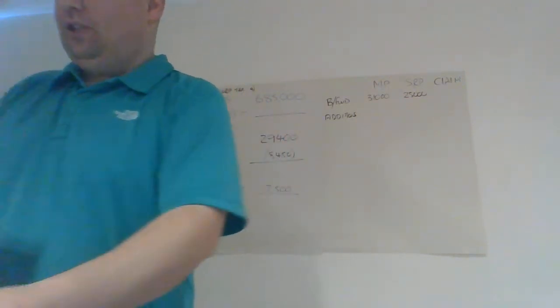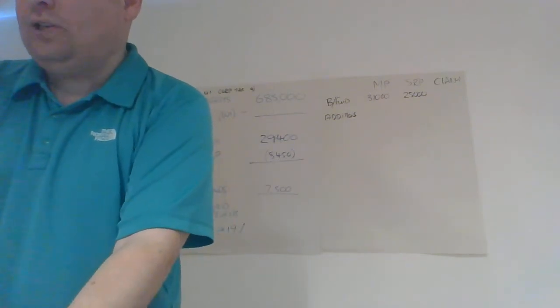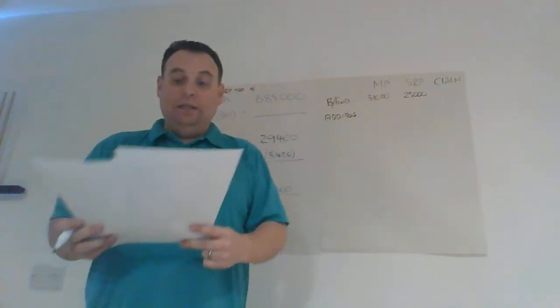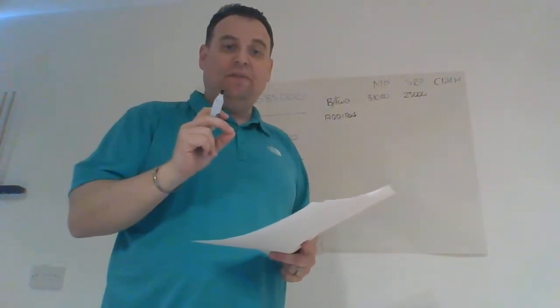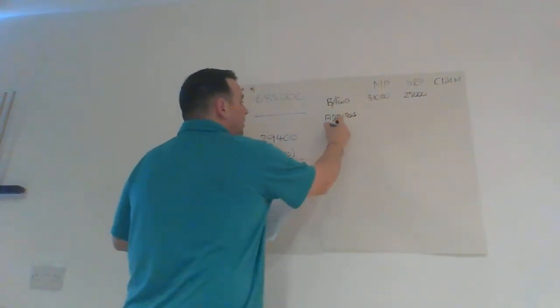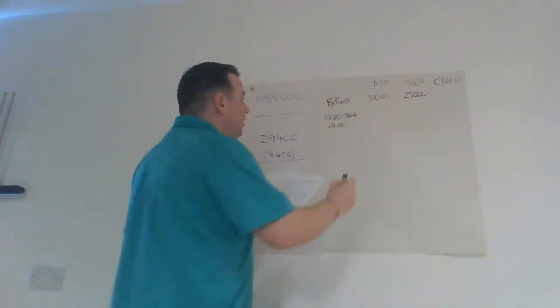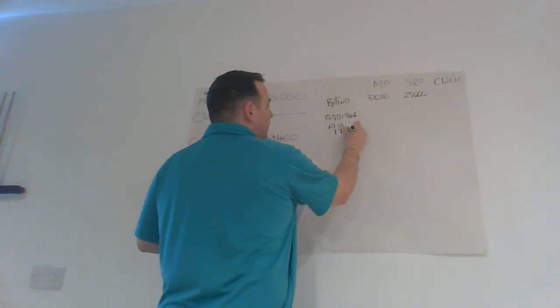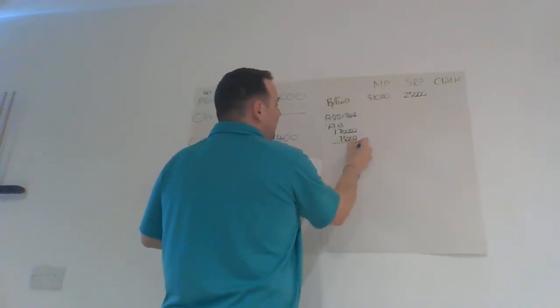We have features of the building 75,000, and we have a zero emission van at 35,000. So 2 of those, the 170,000 and the 75,000, are eligible for the annual investment allowance.